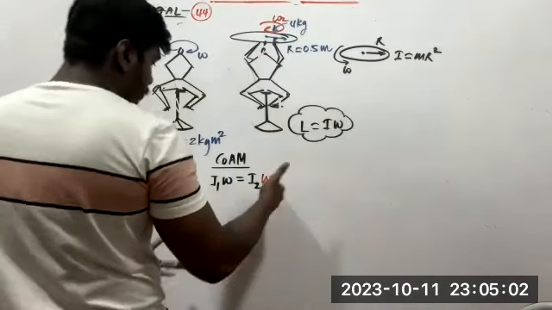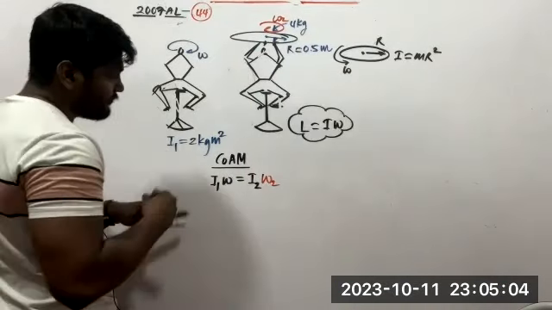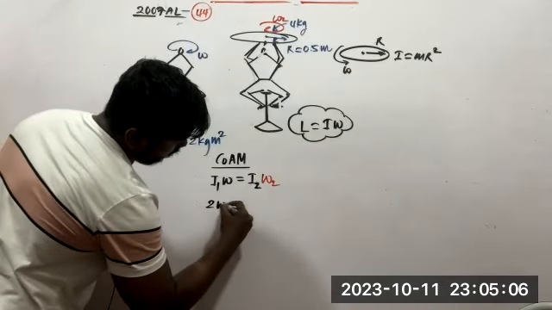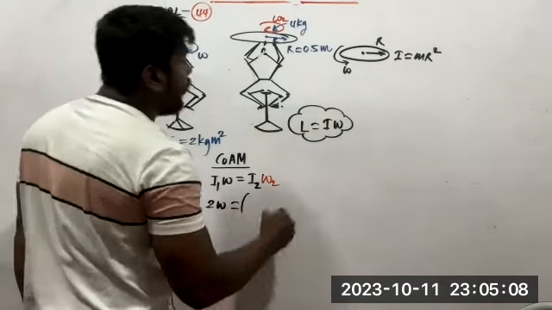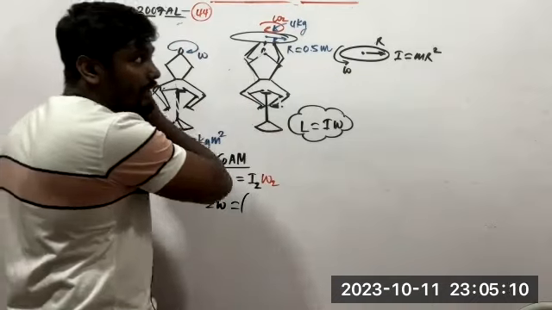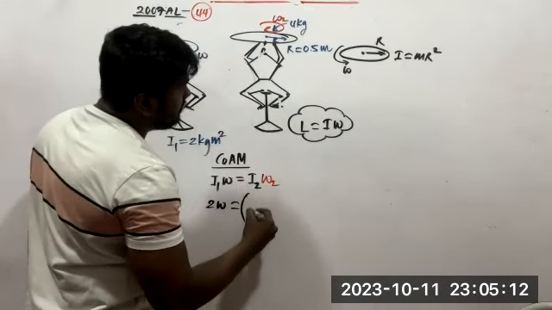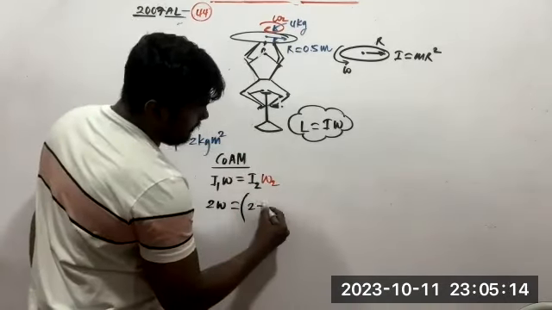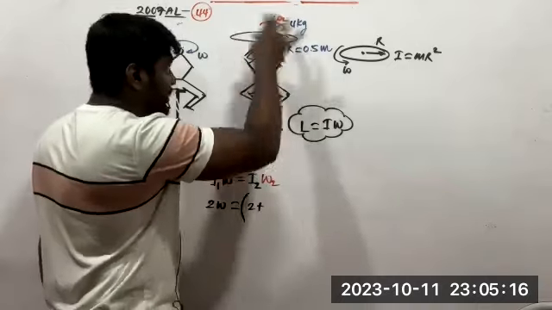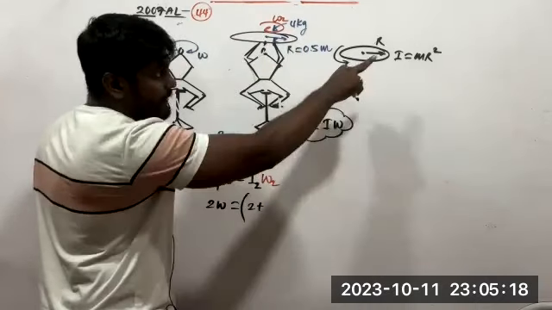Then I1 omega 1 equals I2 omega 2. I1 is 2. Omega equals I2, the total moment of inertia: 2 plus the moment of inertia of this ring, mr squared.